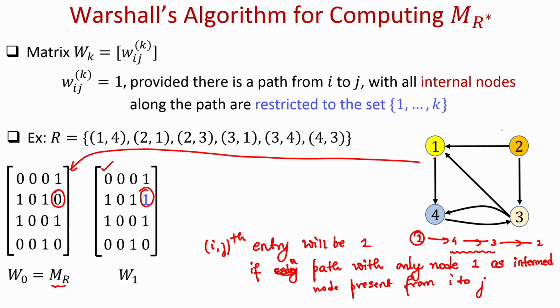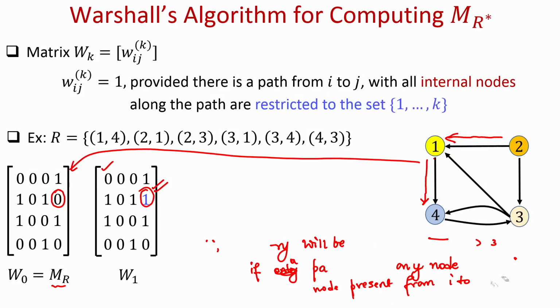But now, since I am allowing node 1 to be included as an intermediate node, there is a path from node 2 to node 4 going through this intermediate node 1. That means once I allowed node 1 as a possible intermediate node, I get a valid path, and that is why this entry 2 comma 4 becomes 1 here. You can verify that the other entries will remain 0.